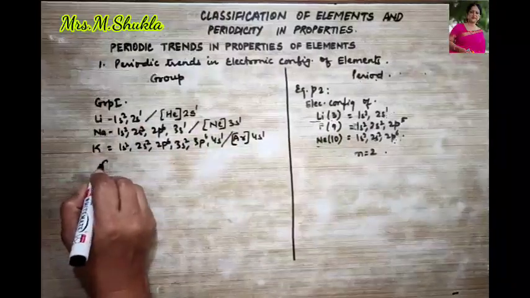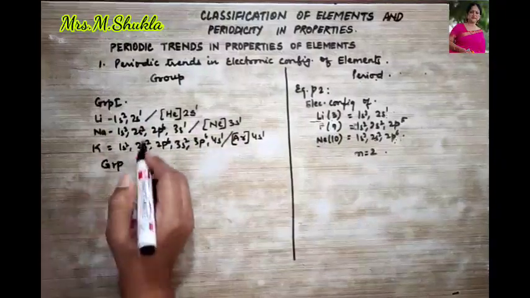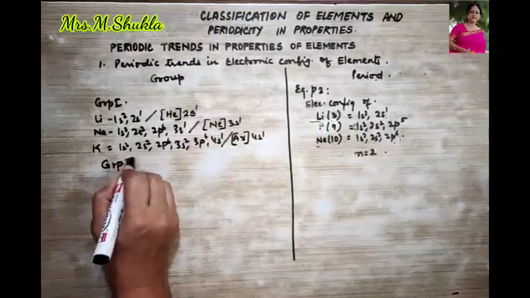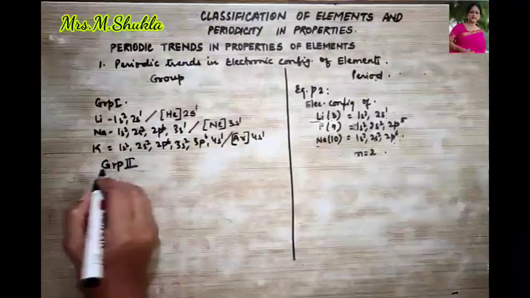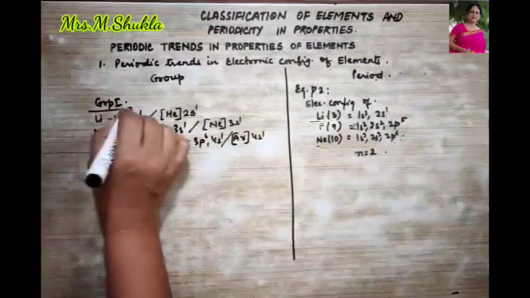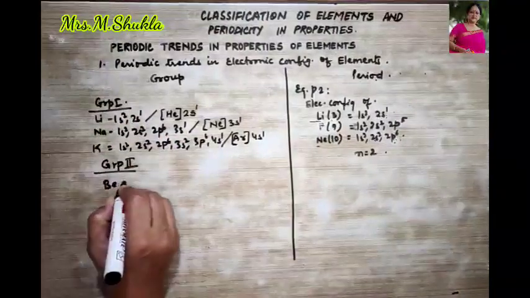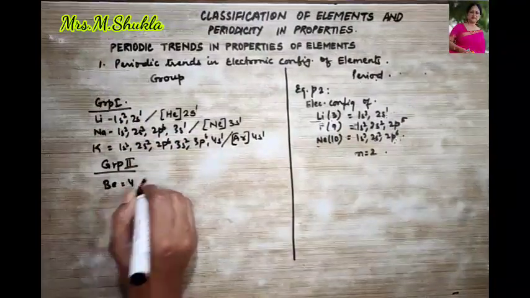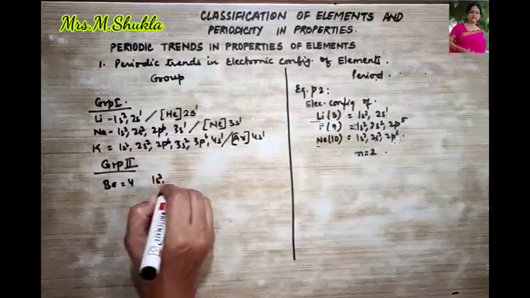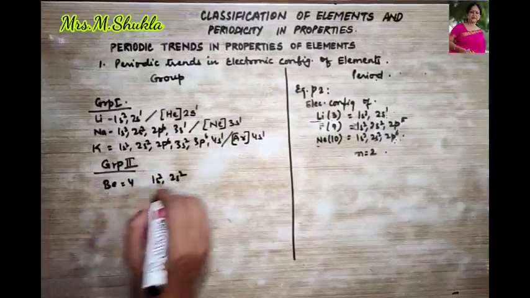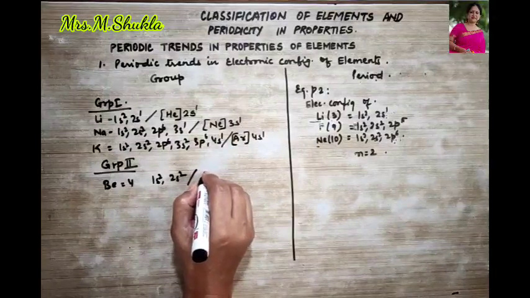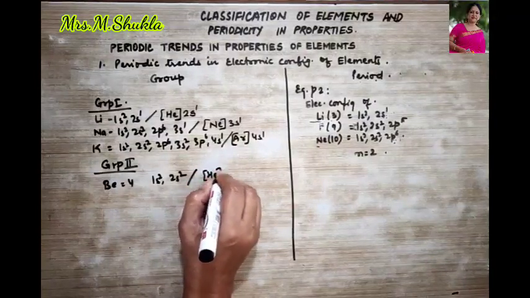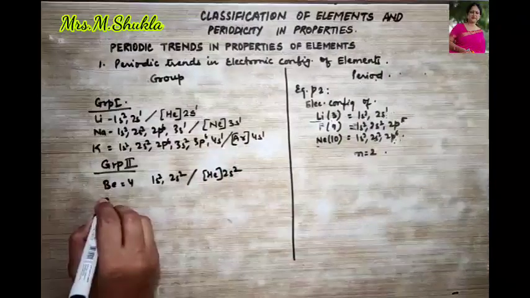Now let us take group 2 and see the difference between the electronic configuration of group 1 and group 2. Over here, if we take beryllium, which is 4, the configuration is 1s2 2s2, and in condensed configuration it becomes helium 2s2.